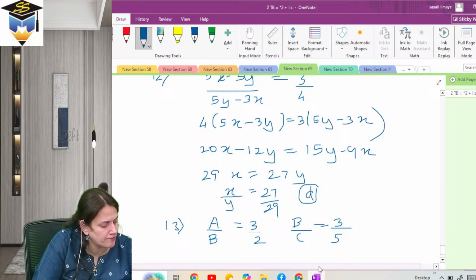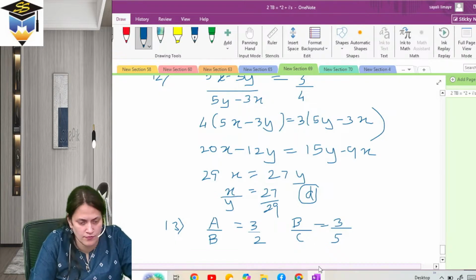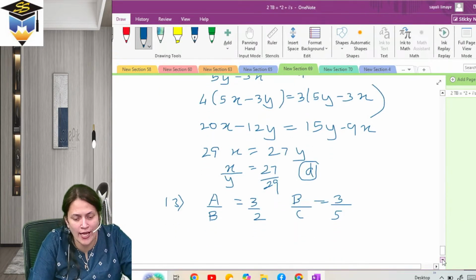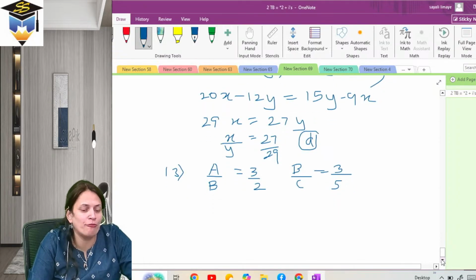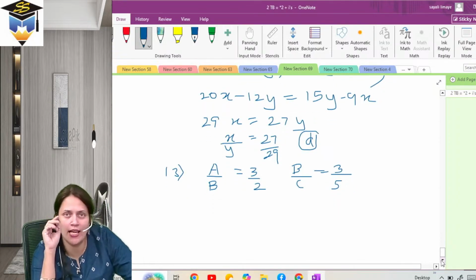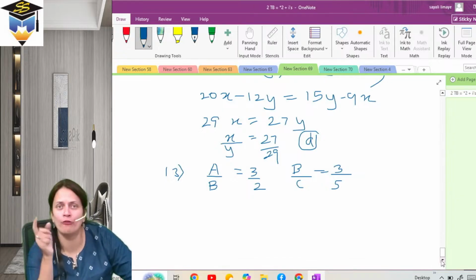Check and tell me. So what are we going to do? We are going to try to make the value of B equal. When can we say they are in continued proportion? When the value of B is equal.